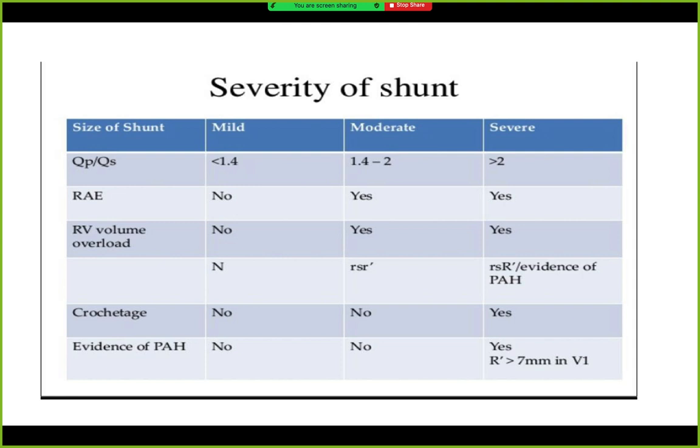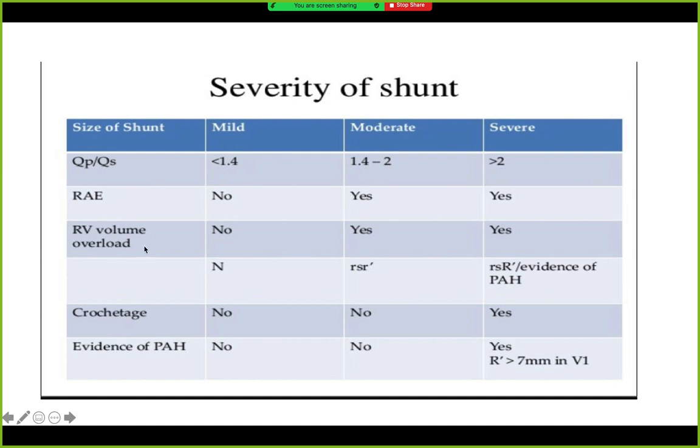Similarly, if you notice there's a right atrial enlargement, you can already notice that most of the flow is going to the right side rather than to the left side. So of course, with right atrial enlargement, chances are it will be towards the worse side, so it is moderate or severe.